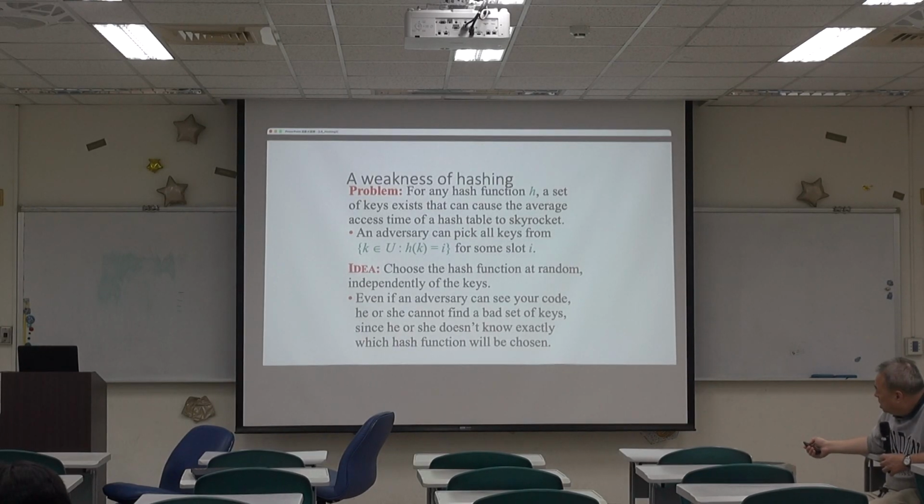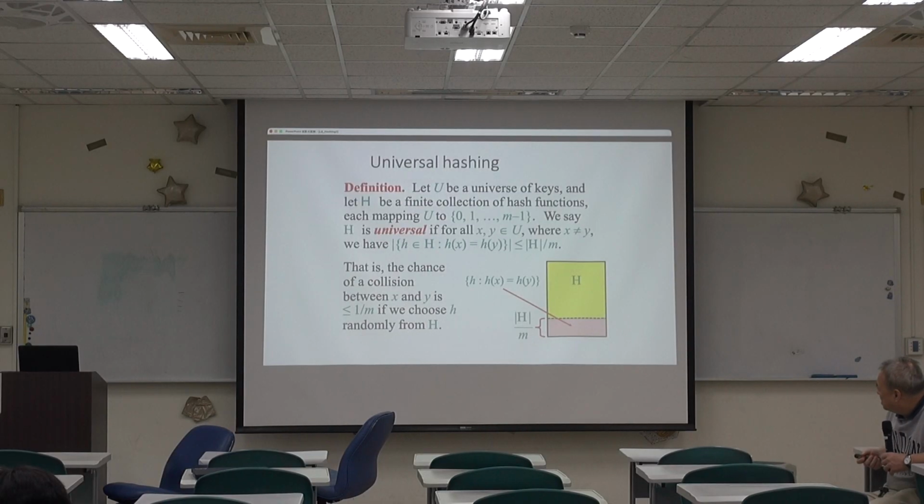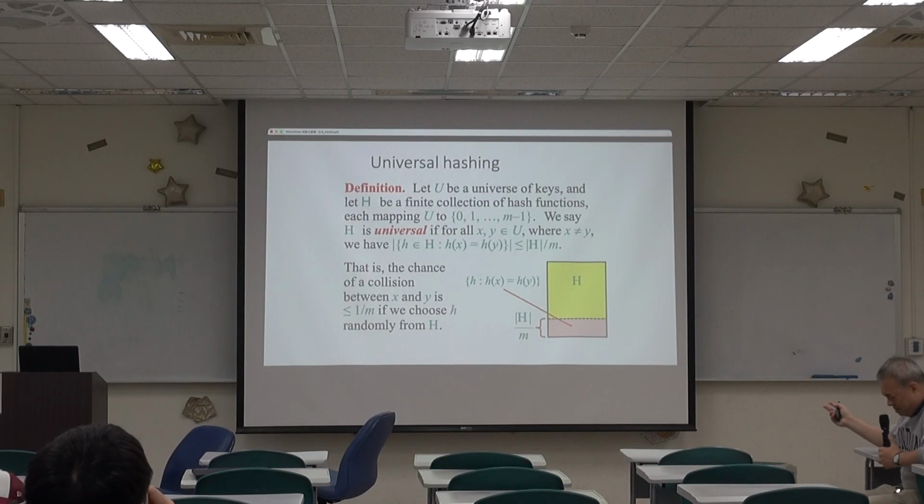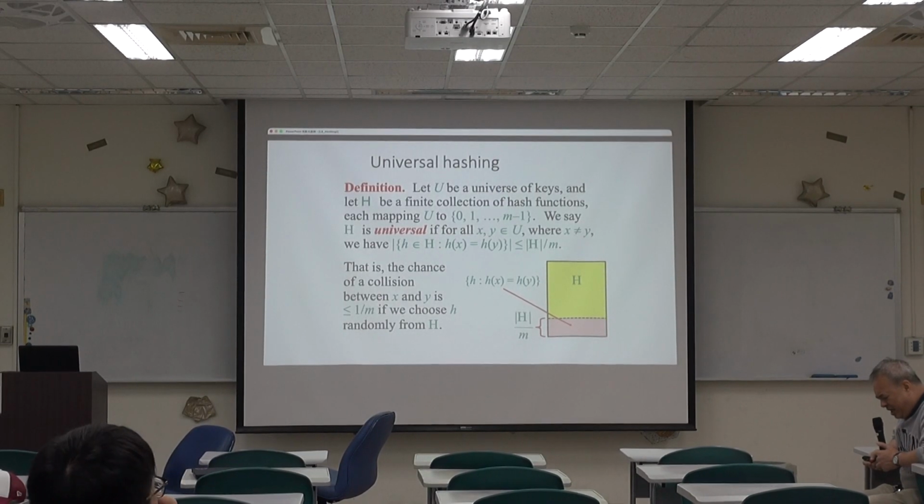So the idea comes down to needing a set of functions. We call this approach universal hashing. Let H be a finite collection of hash functions, each mapping U to the space of the hash table.